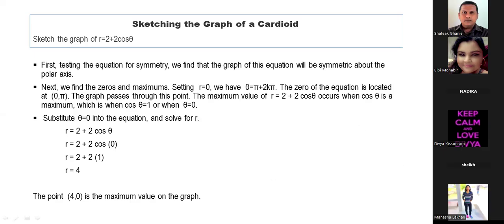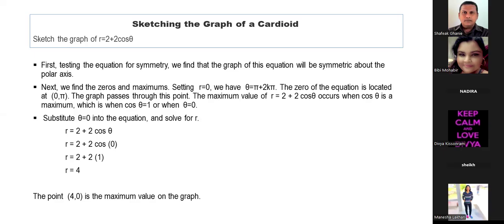So first we find 0. You set R equal to 0 to find when the curve touches the origin. So we put 0 there: 0 is equal to 2 plus 2 cos theta, and cos theta is equal to 1.